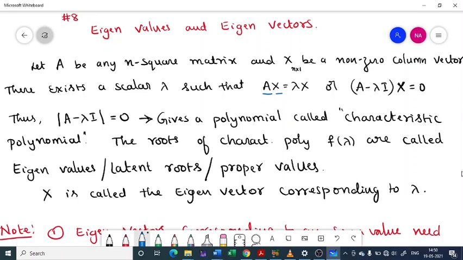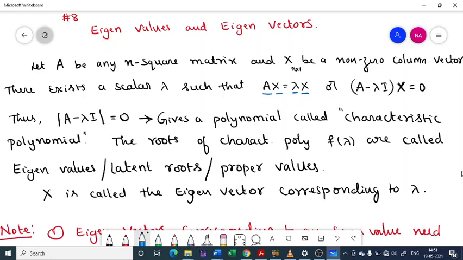So it is a column vector, and that column vector you can write as a product of the given column vector x and a scalar lambda. So there is a possibility of finding lambda such that Ax equals lambda x. We are not saying that it is always possible.